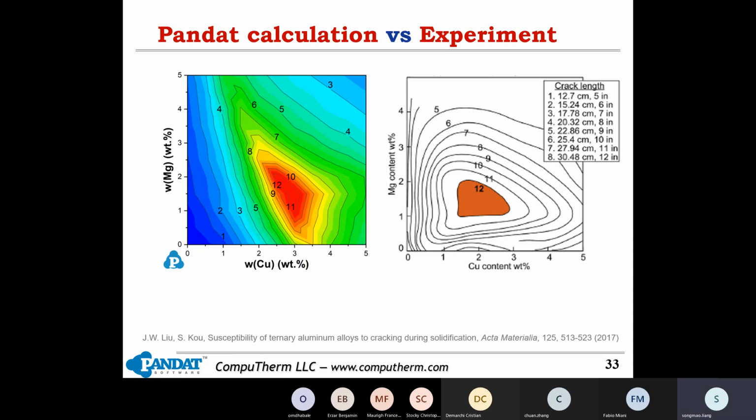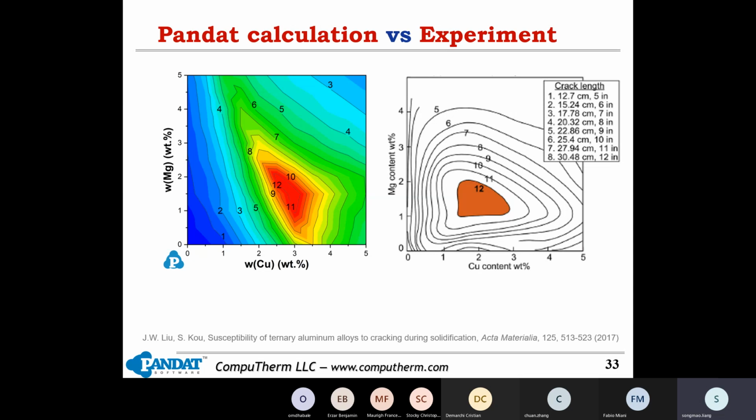Here, I also need to mention that the calculated map is a contour map, in which each point represents an alloy composition. If we had to do the calculations one by one, obtaining the maximum slope of the tangent line of T versus √fs manually, it would be time consuming. In our Panda software, as my colleague Dr. Chuang mentioned before, we have a high throughput calculation feature.